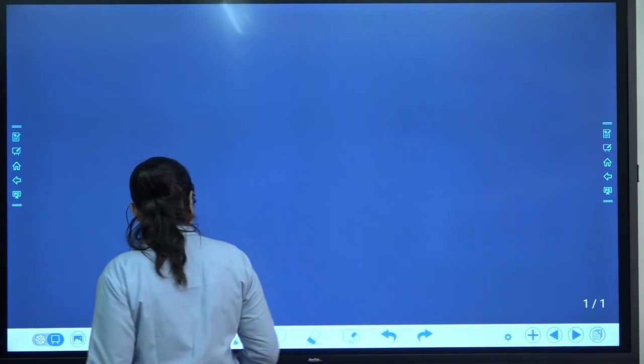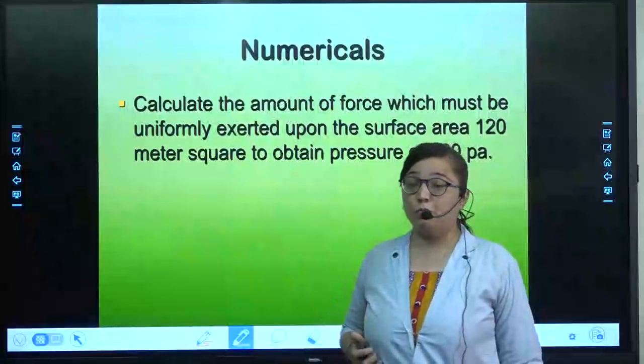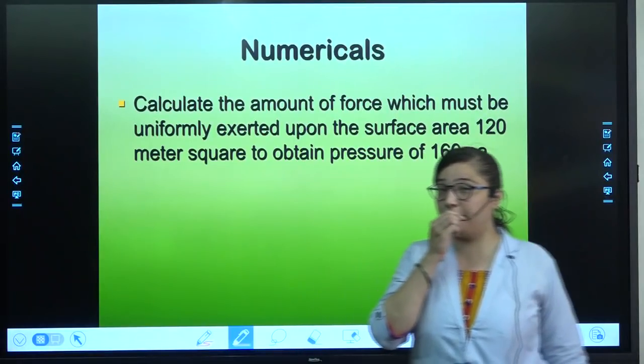Now moving on the next particular numerical.